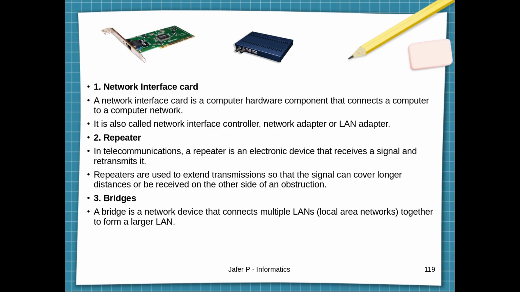Suppose for example you are in LAN number 1 in front of a computer system, and you want to send data to a system, for example S3 in LAN number 3. How to connect with other LANs?